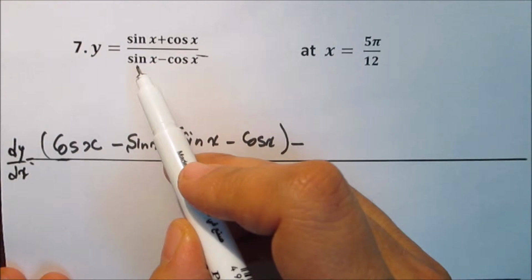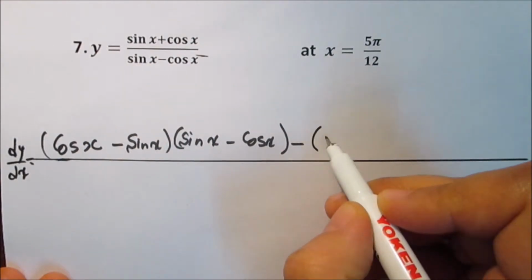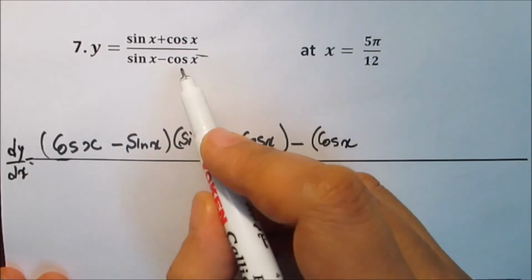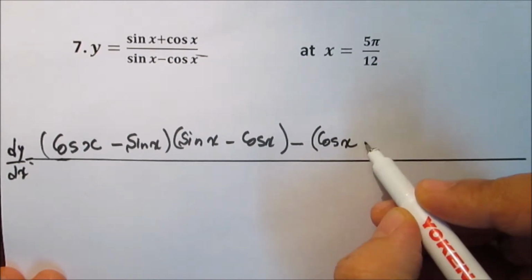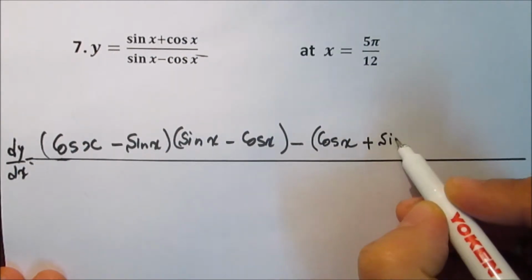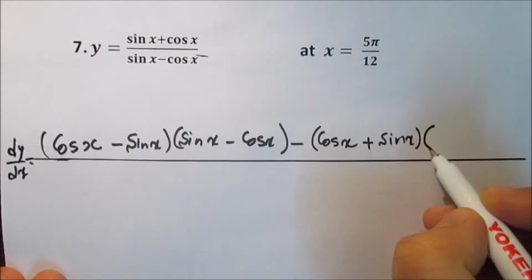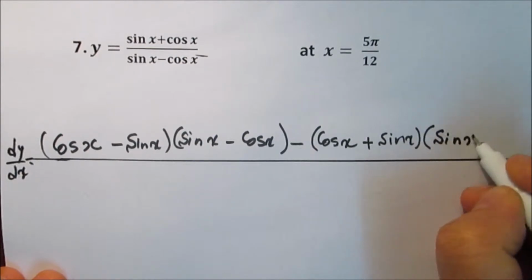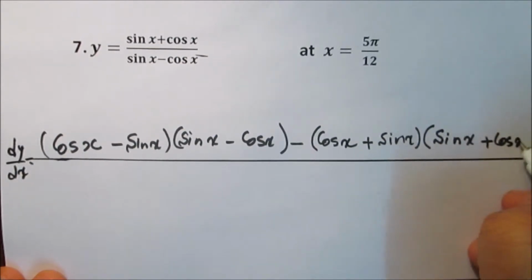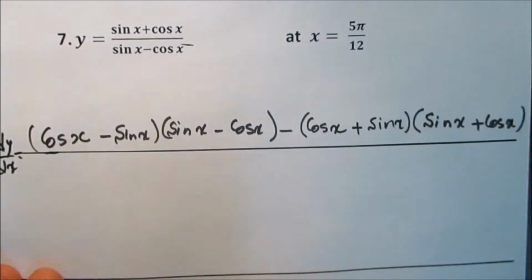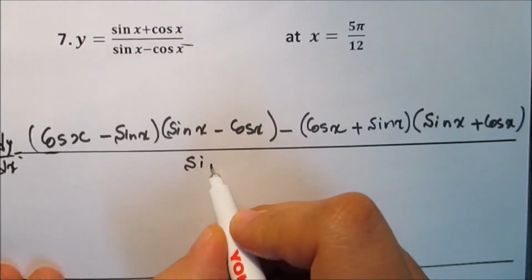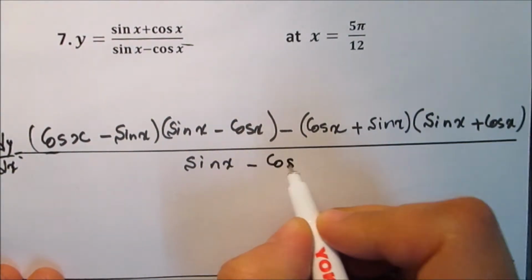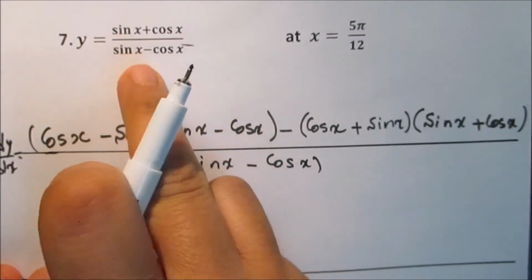The derivative of sine x is cosine x, and the derivative of cosine is negative sine, so negative times negative is positive, so plus sine x, and times the numerator, or times (sine x plus cosine x). Down we have (sine x minus cosine x) squared.